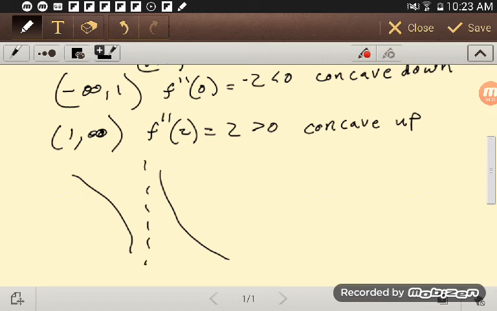I didn't do any more to really find anything, but you see there are no relative extrema on something like that. So no relative extrema. Okay, so that takes care of 40.